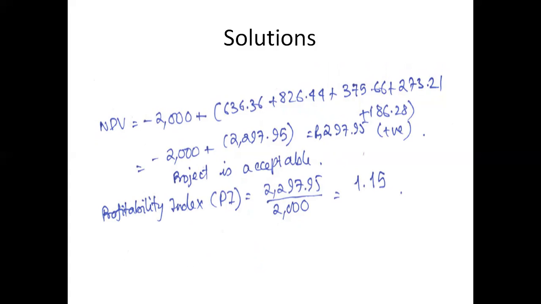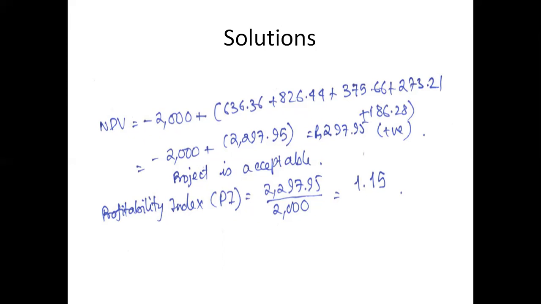That is minus 2000 plus 2297.95, which gives us a net positive value of rupees 297.95.